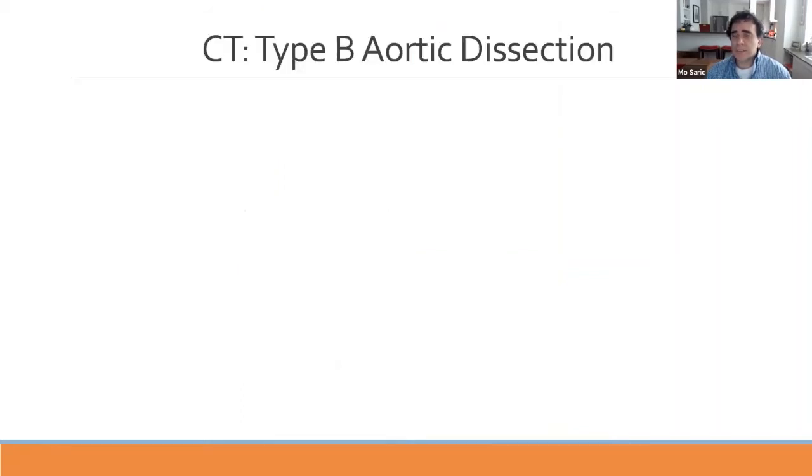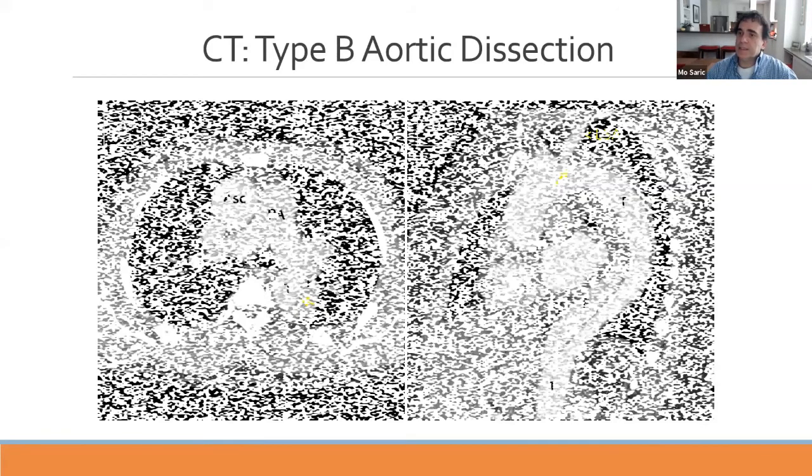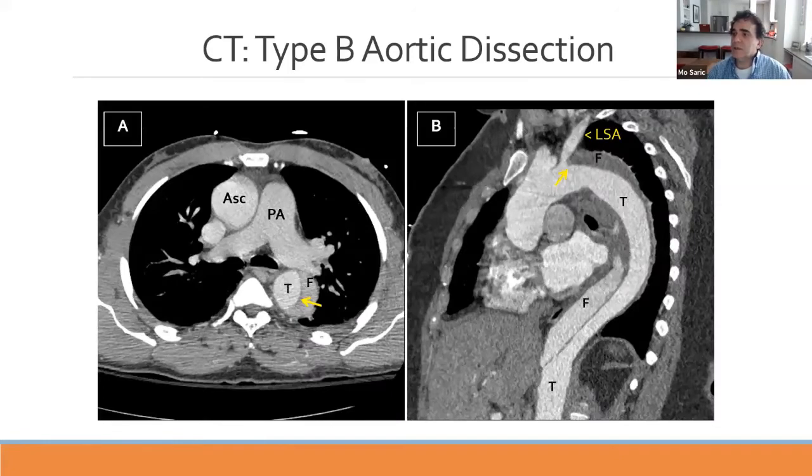I'll show you a couple of examples of dissections both on CT and echocardiography. This is a type B aortic dissection, in axial cuts on the left and the sagittal cut on the right. You actually see the true and the false lumen in the descending thoracic aorta, in the coronal cut as well as the axial cut.